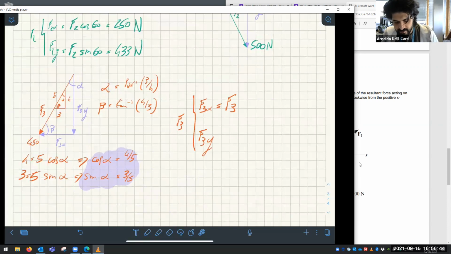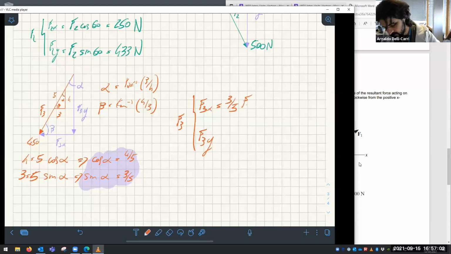It's the hypotenuse times the cosine of alpha. Sorry, F3x is this one. So it's the hypotenuse times the sine of alpha. But the sine of alpha is 3/5. So F3x is 3/5 of F3. And F3y is 4/5 of F3.